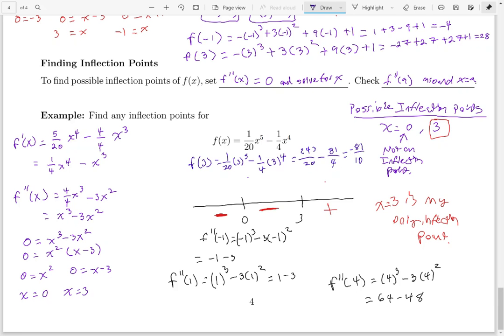And so if we wanted to have that inflection point as an ordered pair, the location of the inflection point is at x equals 3, but specifically the inflection point is the ordered pair (3, -81/10).